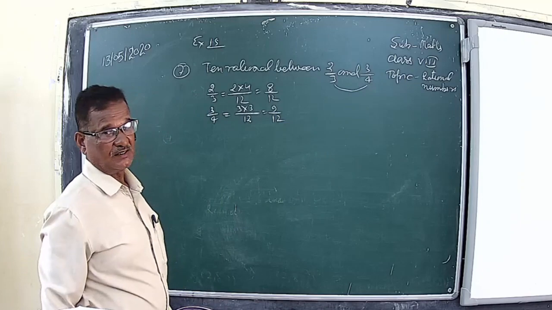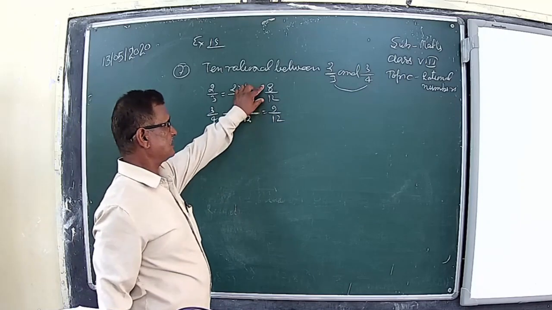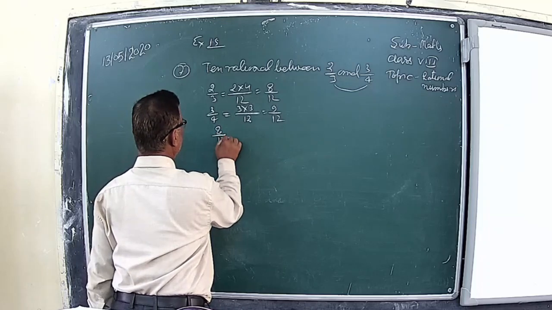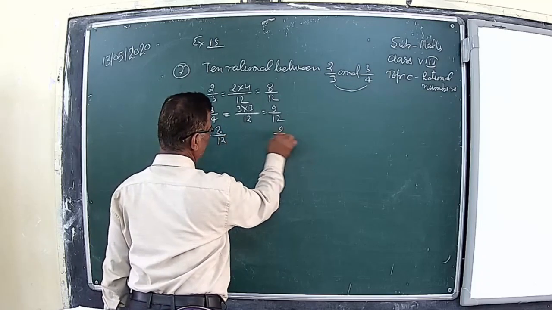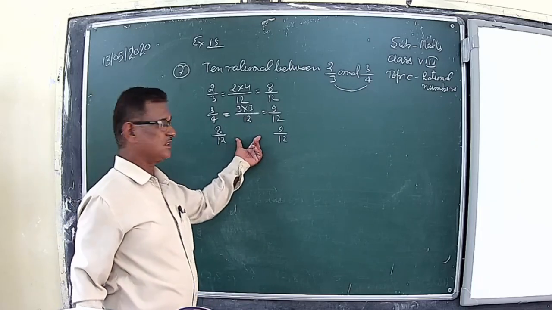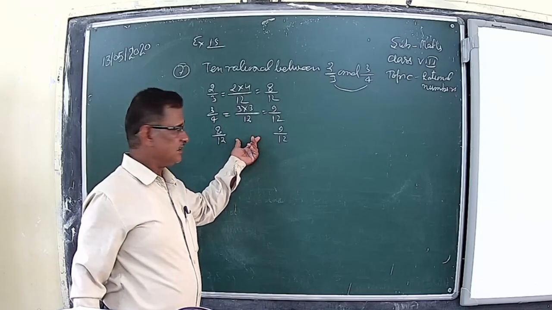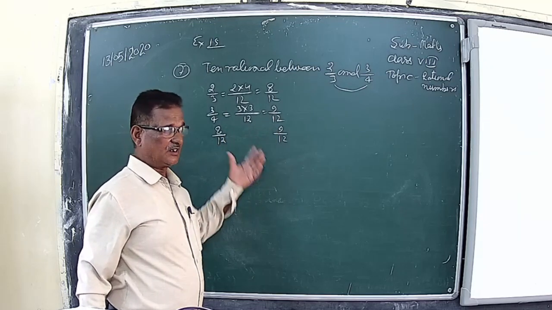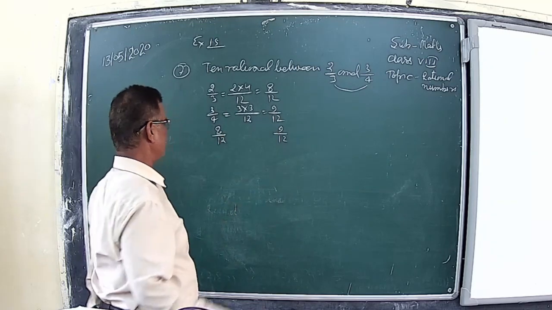You have to find 10 rational numbers, but here after writing 8 by 12 and 9 by 12, you cannot get any integers between 8 and 9. So you cannot find the required number of rational numbers.